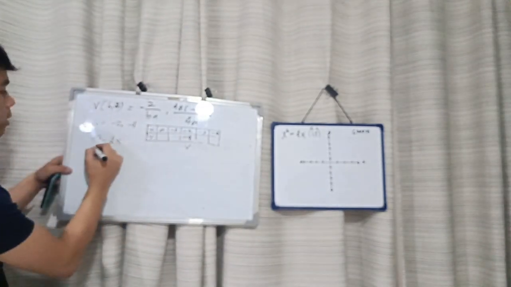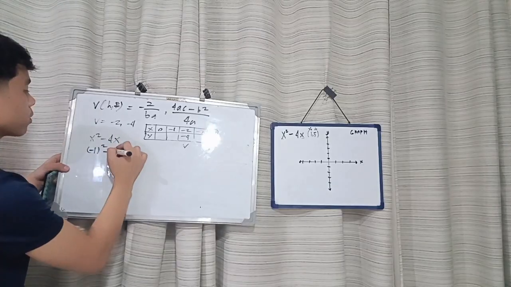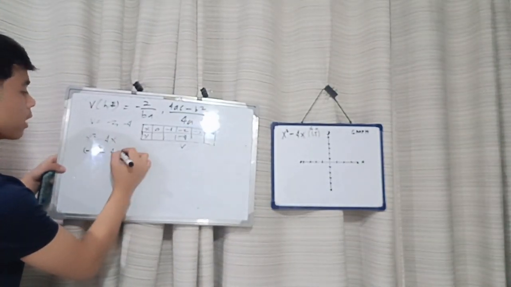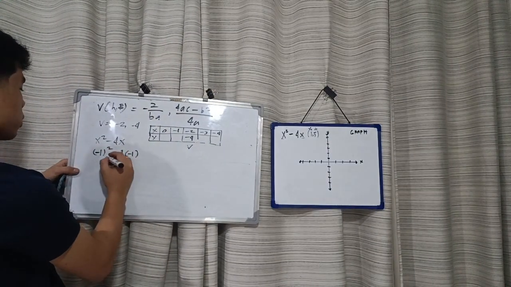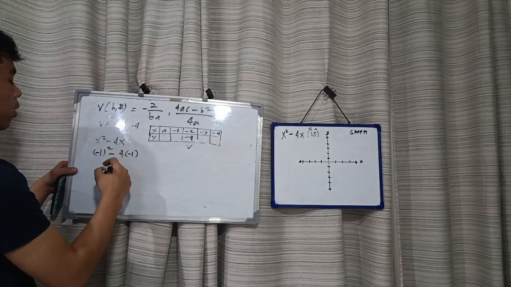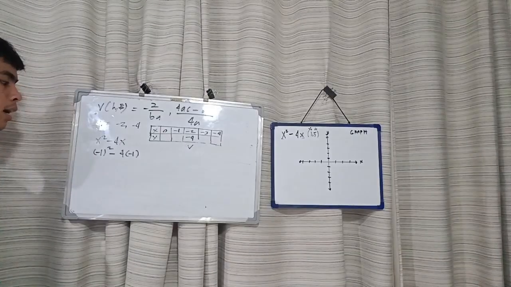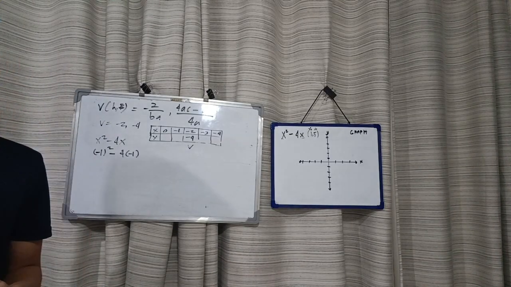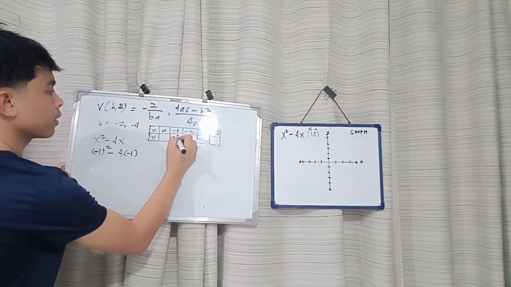So if x is negative 1, it is negative 1 squared minus 4 times negative 1, which will be negative 3.